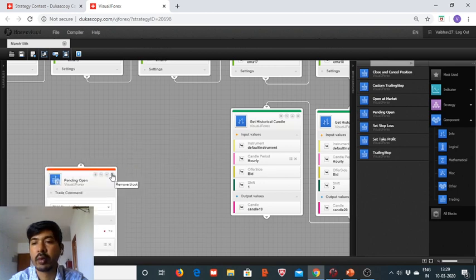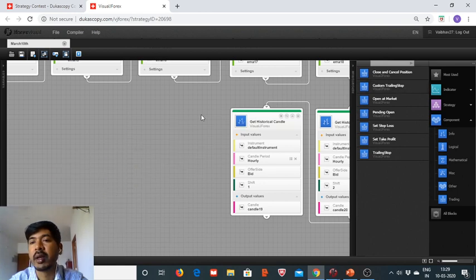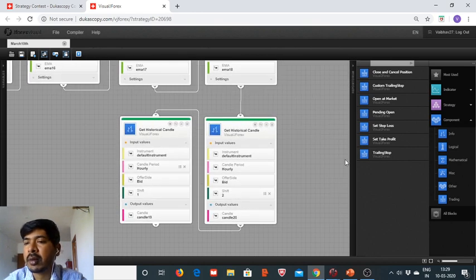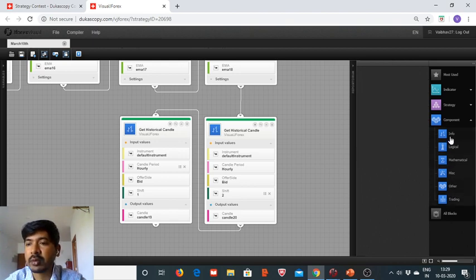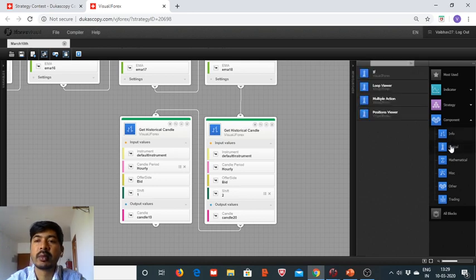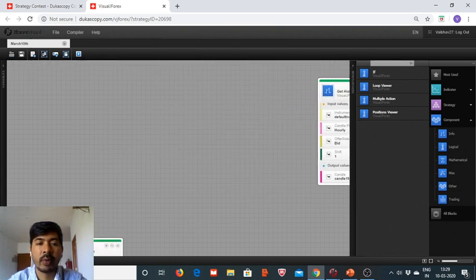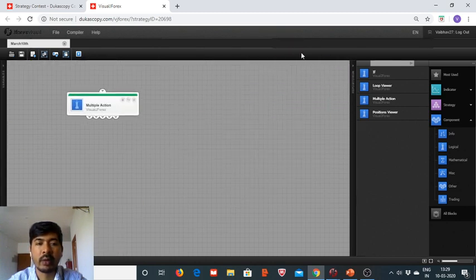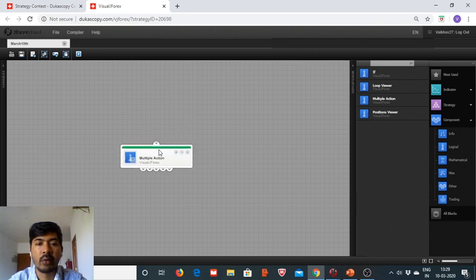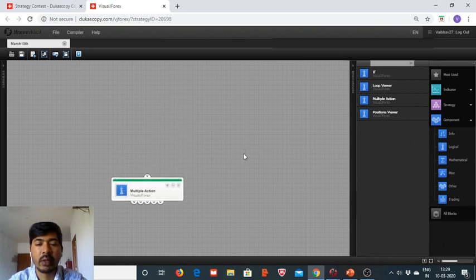So that's okay. Now let's bring in the multiple action block, and I think multiple action should be found in logical terms. So here is the multiple action block, and this time around we leave some space because we are likely to need to do a lot of calculations as well.